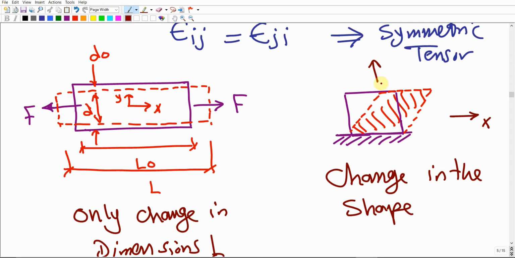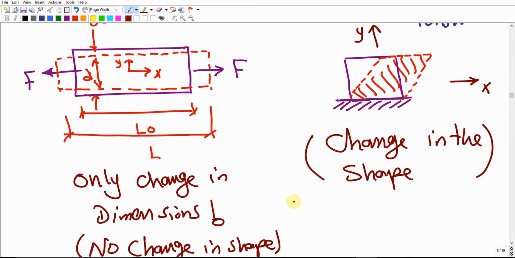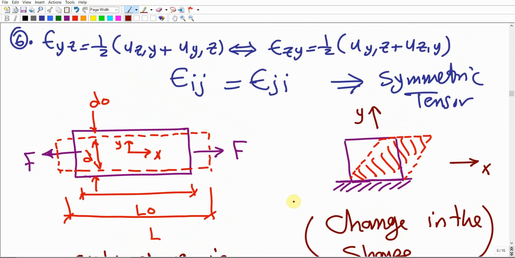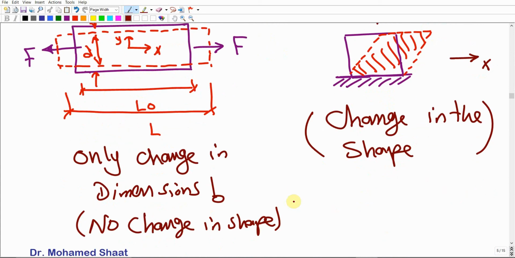It means there is no change in the dimensions parallel to x and y, but there is a change in the shape of the object. Make sense? So we're gonna say that we have a change in the shape only, with no change in the dimension. So generally, upon deformation, upon applying some forces to the object, it would experience some changes in the shape, some changes in the dimensions, or both. In addition to the rotation, forget about the rotation for now.